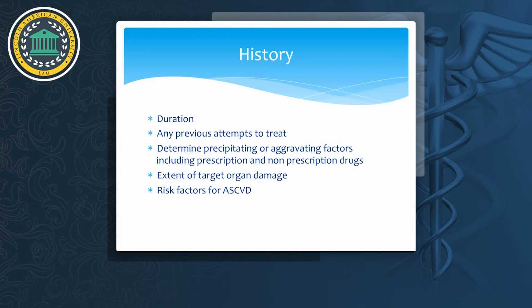My question again to you is, what are the medications that might cause high blood pressure? Anyone? Okay, so NSAIDs, non-steroidal anti-inflammatory drugs, are one of the medications which can cause hypertension.